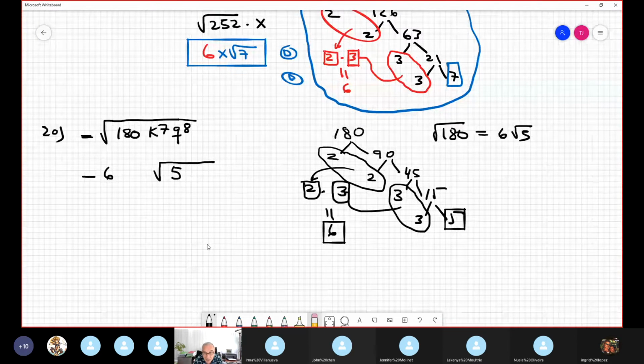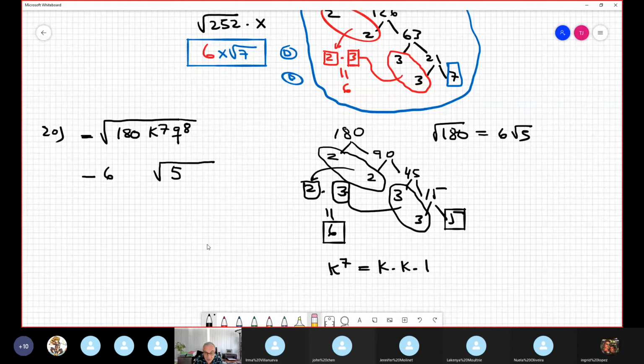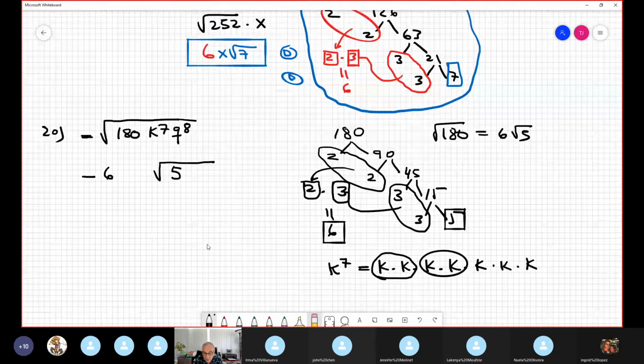Okay, let me write it down here. K to the 7th power in my mind is equal to K times K times K times K times K. How many? 1, 2, 3, 4, 5, 6, and 7 K's. And we are working with the square root, and with the square root, the selection is by couple. 1 couple, 2 couple, 3 couple.